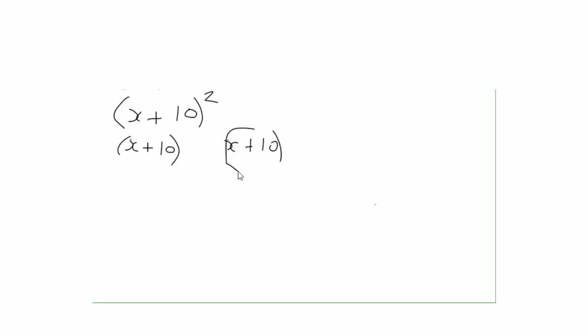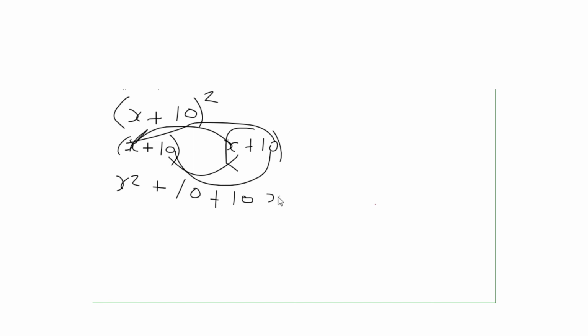Looks familiar to what we have been doing. What we're going to do now, we're going to simplify. We're going to say x times x and x times 10. So that's x times x, that's x squared, plus x times 10, that's 10x, and we're going to have 10 times x and 10 times 10. So 10 times x is 10x, plus 10 times 10 is 100.